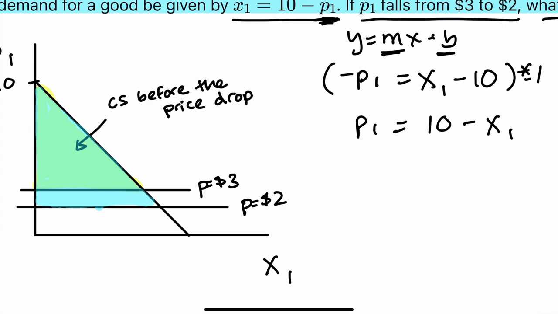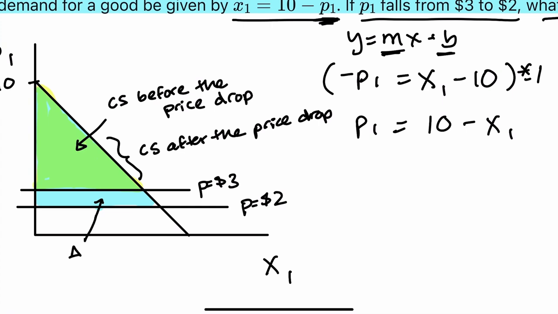It's larger because the lower price benefits consumers, both because they don't have to pay as much for the goods they're buying, and because they buy a couple more. So there are two effects going on there. This whole blue area is the consumer surplus after the price drop, and then this would be the change to consumer surplus because of the price drop.